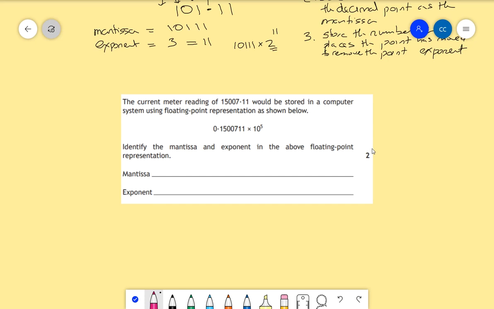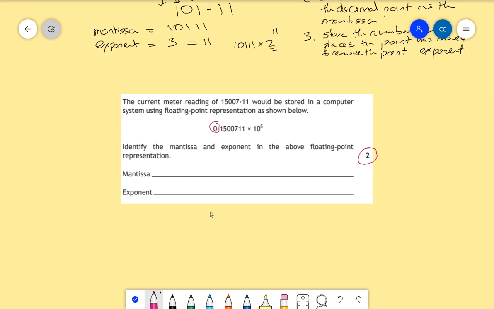This is a 2-mark answer, and what you have to do is identify which part of this number is the mantissa and which part is the exponent. What you must remember is a floating point number does not store the decimal point. So don't deal with this, okay?